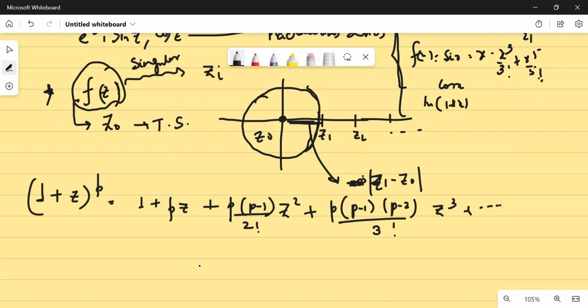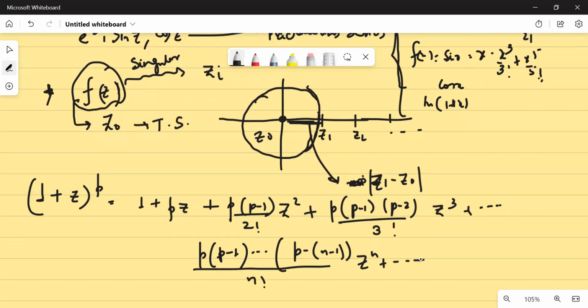The nth term could be written as p(p minus 1) up to (p minus n plus 1) upon n factorial z raised to power n. You can clearly see here it is 2, here it is 1, here it is 3, here it is 2. So if the denominator is 2, the last factor is 1 less than 2, and if it is 3, then 1 less than 3. So clearly the nth term will be of this form.